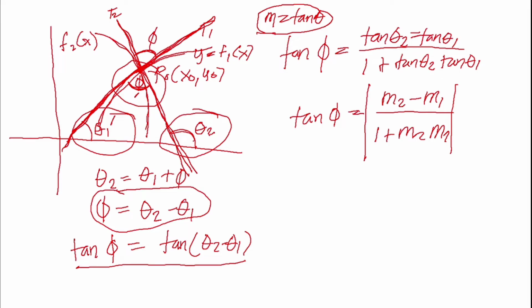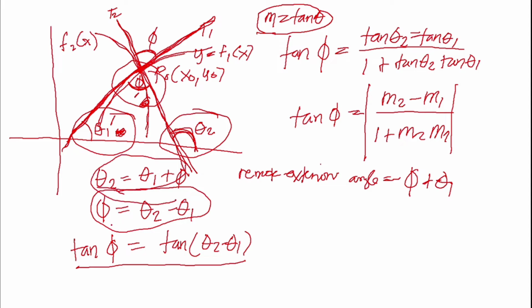Since the remote exterior angle is equal to phi plus theta 1, if we add this part and this part, the result is the remote exterior angle. So in order for us to get phi, we have to equate this formula. So phi is equal to theta 2 minus theta 1.